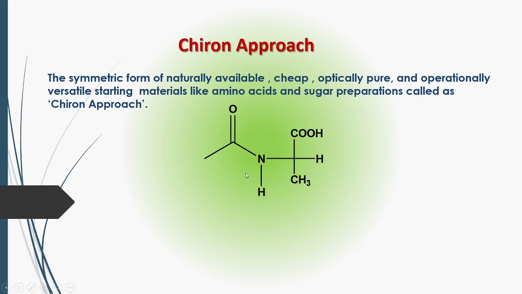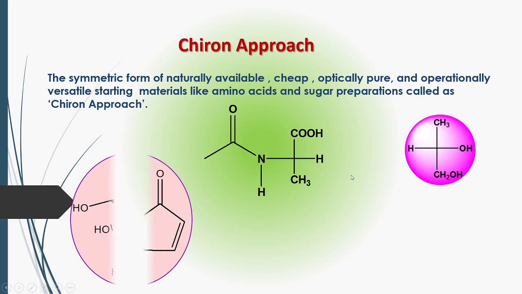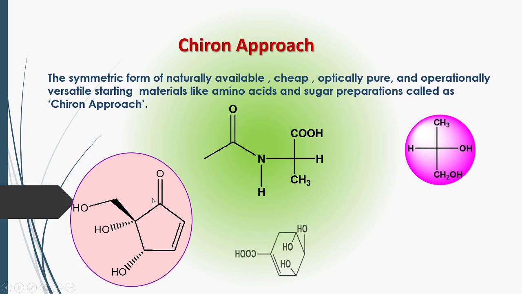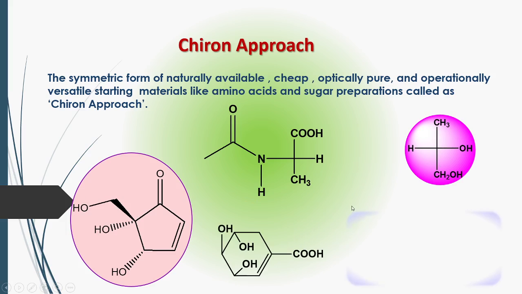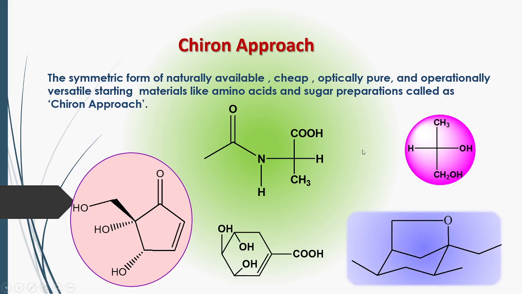So in this Chiron approach, we are going to synthesize some natural products. Here we have L-alanine, that is an amino acid, then pentenomycin, shikimic acid, multistriatin and S-propanediol, which are the natural products we are going to synthesize by using this Chiron approach.